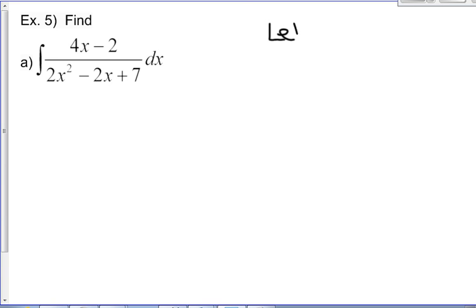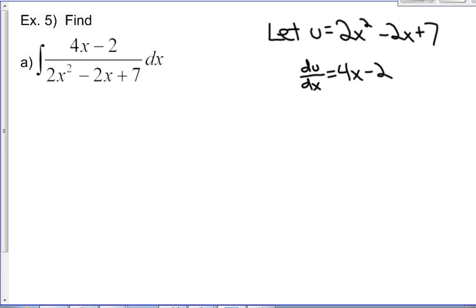And I think you can easily say that the parent is going to be this one. And let's just check its derivative. Its derivative would be 4x minus 2. Oh my gosh, we have one of those. That's so exciting. We have a du by dx. Yay.